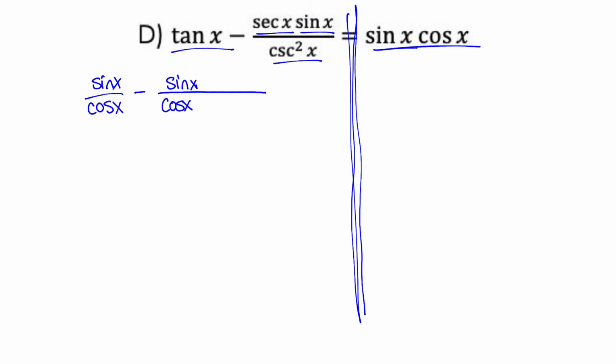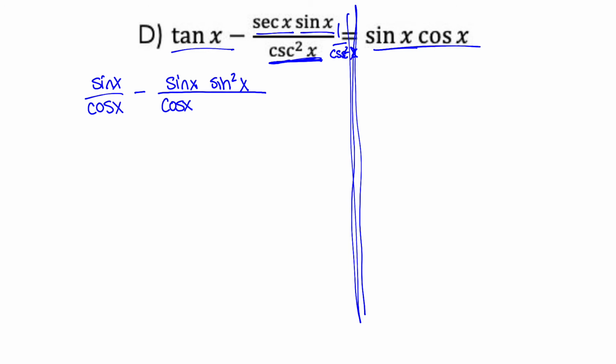Cosecant squared, if you think of 1 over cosecant squared, is the same thing as sine squared in the numerator. So let's move that up there. It's not theta this time, it's x. That took care of this, because remember, it's the same thing as 1 over cosecant squared.